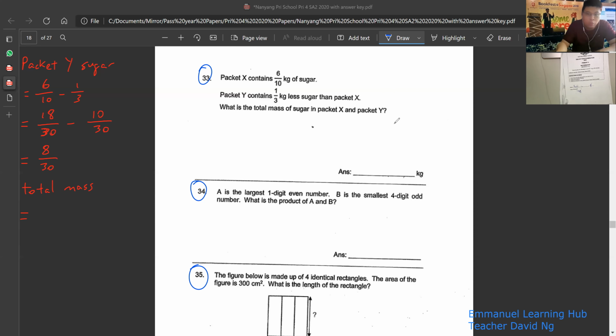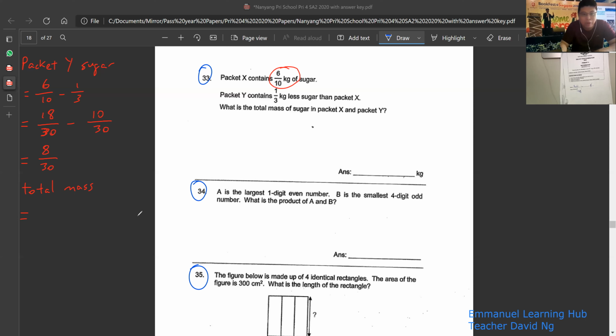Total mass in X and Y, packet X and packet Y. You have packet X, this packet Y. What must you do? Packet X contains this amount.